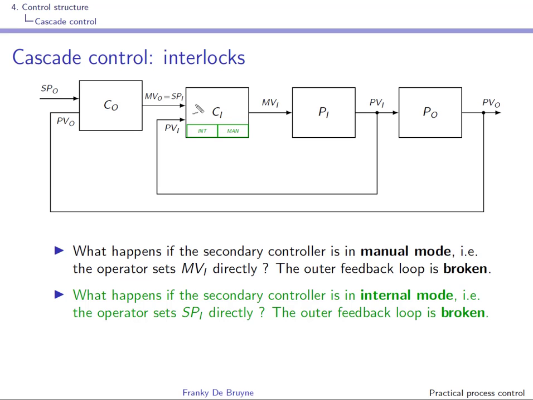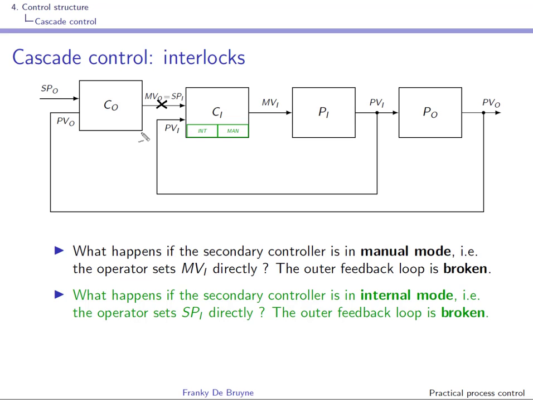What could also happen is that this inner controller is in internal mode, which means that the set point coming from the controller is no longer taken into account. Generally, this internal set point will not make sure that the outer PV is on set point, so again you'll have an error, and if you do not program your interlock strategy correctly, this error will be integrated to a large or very negative value, which is problematic when you switch back to external mode.